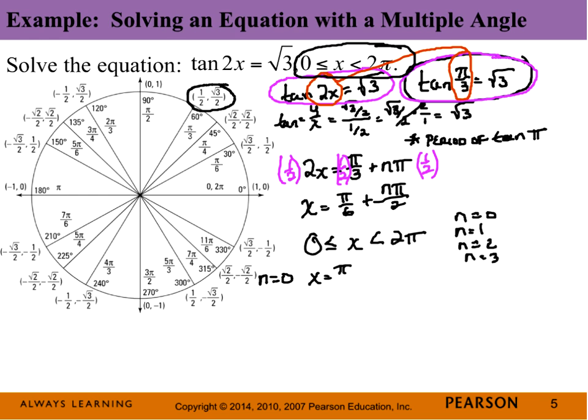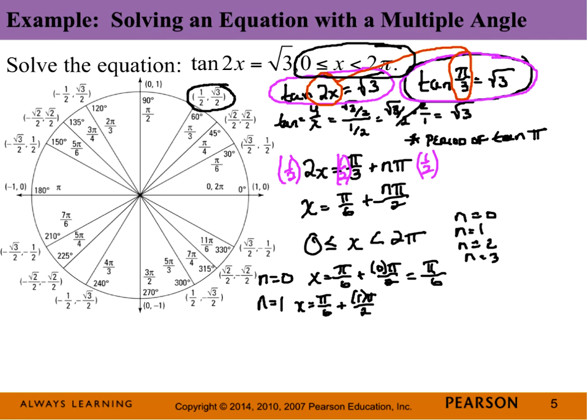So I have x equals pi over 6 plus 0 times pi over 2, and that just leaves me with pi over 6. I have an n of 1, that's pi over 6 plus 1 times pi over 2.